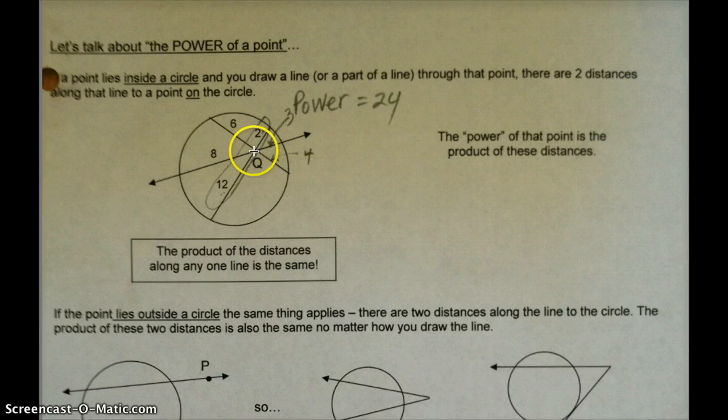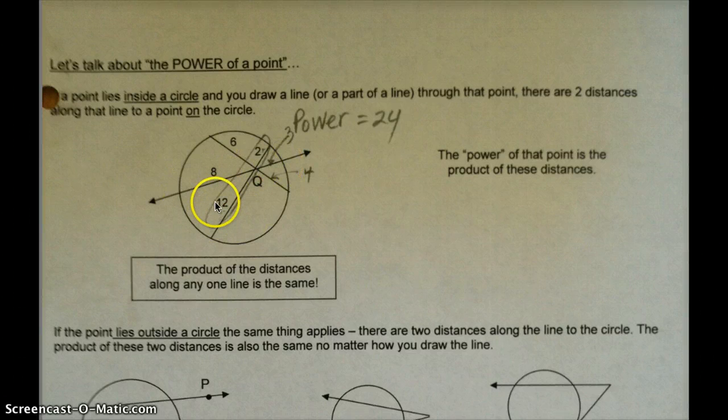So if we draw this line here, there's this distance from the point Q to a point on the circle, and then another distance from this point Q to the point on the circle. So I have 3 and I have 8. So we're going to talk about the power. The power of that point is the product of these distances. So we're going to multiply 3 times 8, and that will give us the power of this point Q.